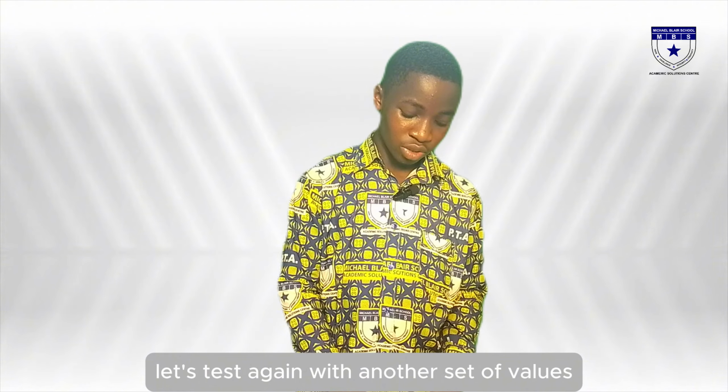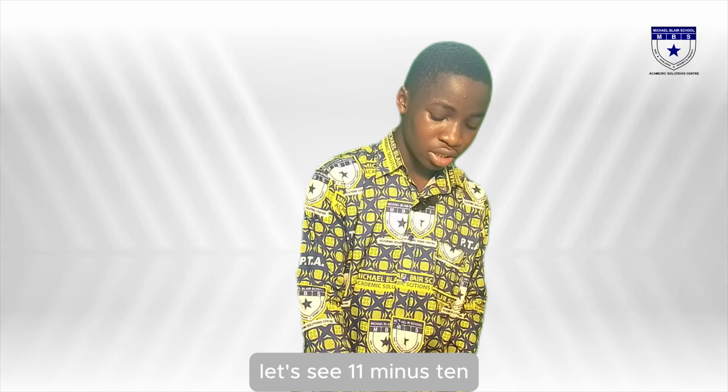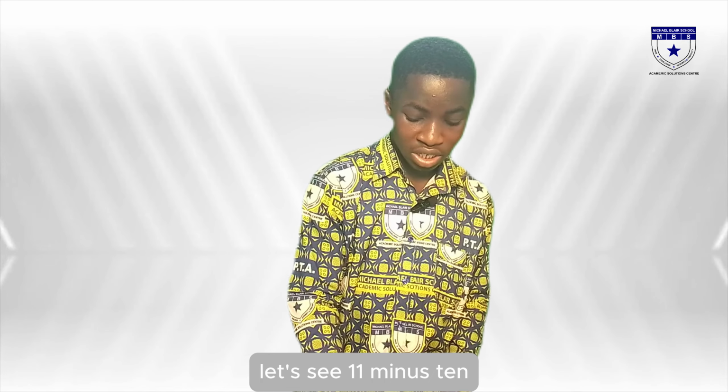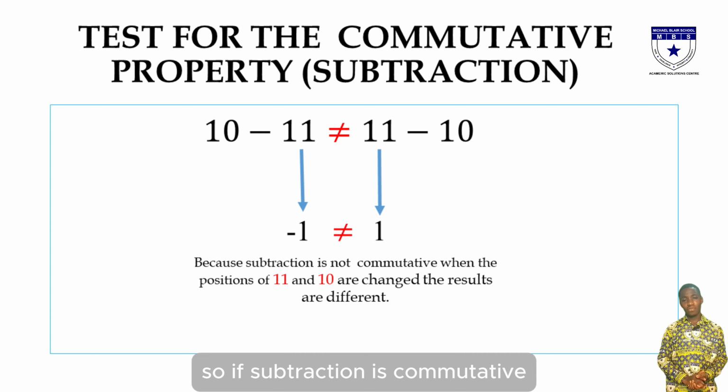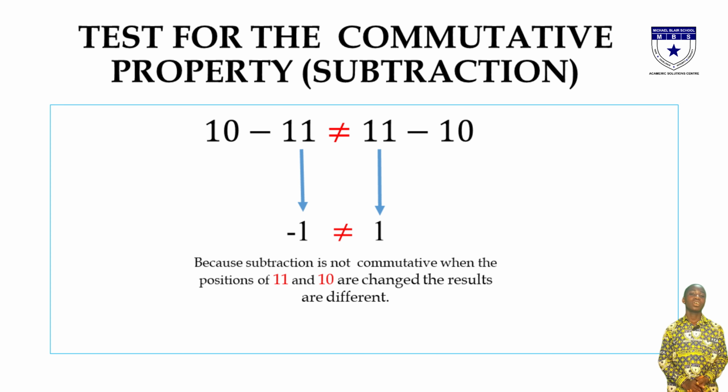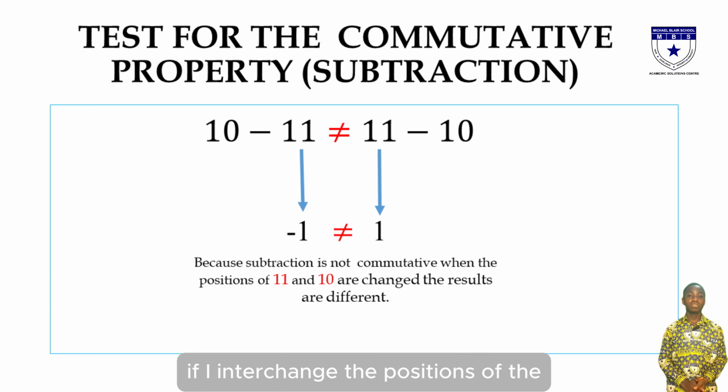Let's test again with another set of values. Let's say 11 minus 10. If subtraction is commutative, then that means if I interchange the positions of the items involved in the subtraction, I should still get the same answer.